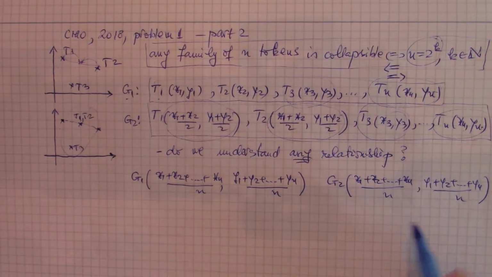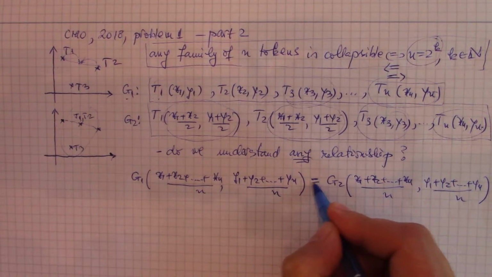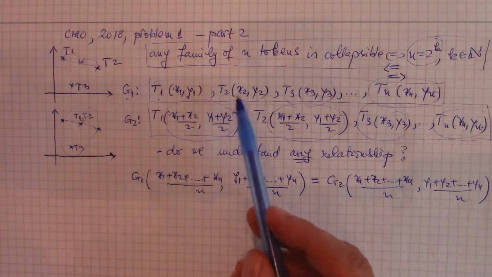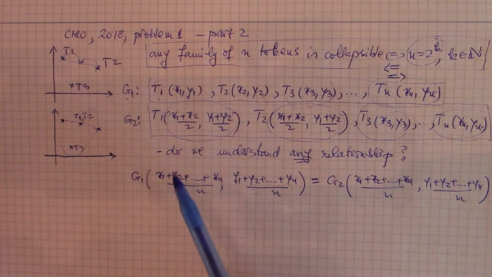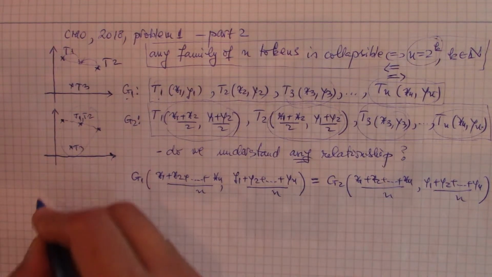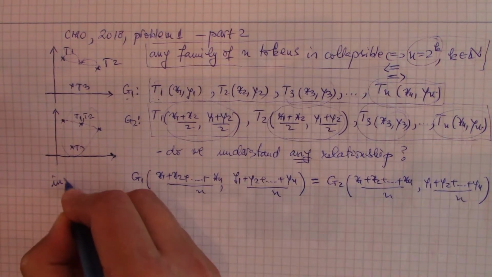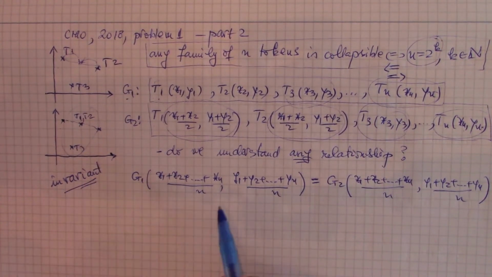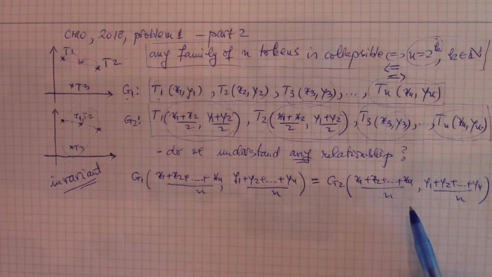All right, so actually the two are the same. We picked two random tokens, we collapsed them, but what stays the same is the center of gravity of the two arrangements. So now we got our invariant. The center of gravity stays the same no matter what tokens we choose to collapse.